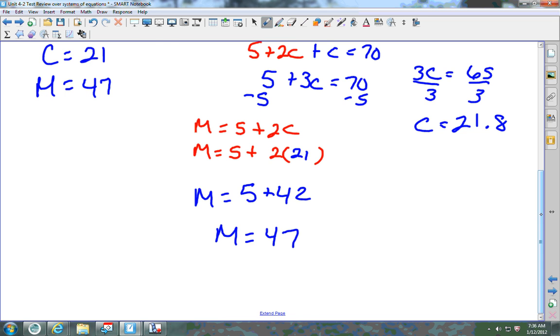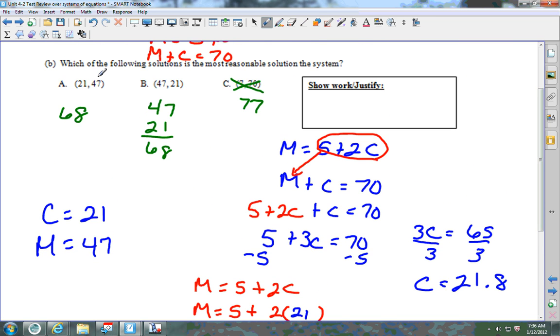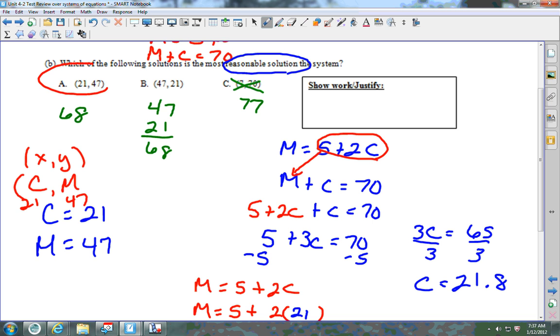Now the question is which one of these 2 answer choices it would be. Because it says most reasonable solution, it's not going to be exact. When you have different letters, X and Y go in alphabetical order. So these letters need to be in alphabetical order, Carlos and Mary. So this would be 21 and this would be 47. So the answer that's most reasonable would be A.